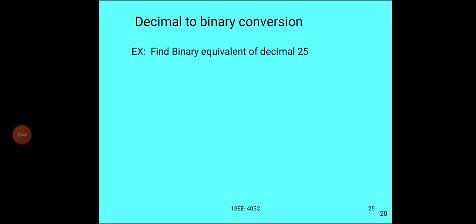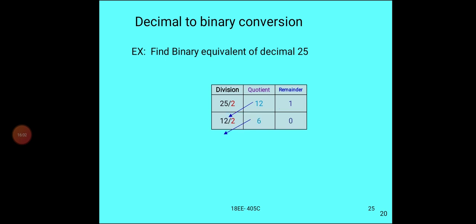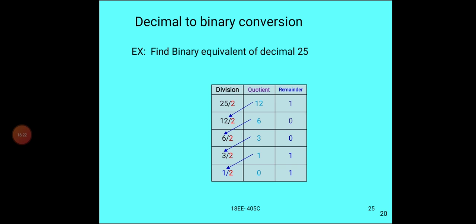Decimal to binary conversion. Find the binary equivalent of decimal 25. Division, quotient, remainder. 25 divided by 2: we get the quotient 12 and remainder 1. Similarly, 12 divided by 2: quotient is 6 and remainder is 0. Again 6 is divided by 2: quotient is 3, remainder is 0. 3 by 2: quotient is 1, remainder is 1. 1 by 2: quotient is 0, remainder is 1.